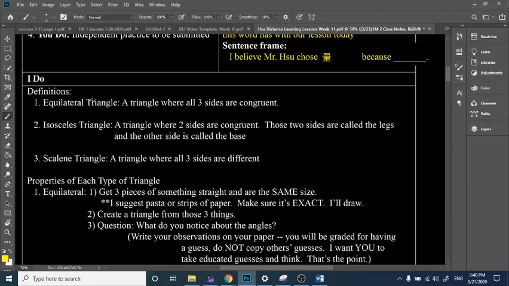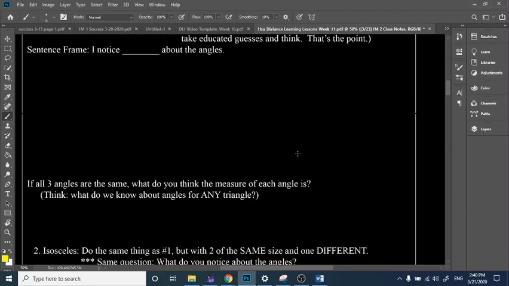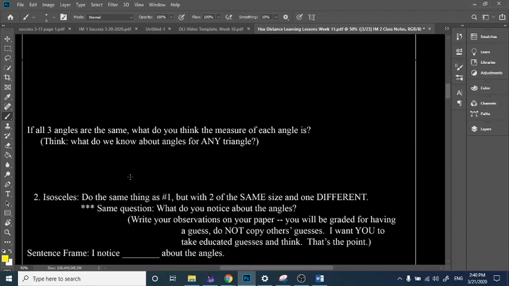So you're gonna need a few things for this activity. So first, just write down the definitions, and you're gonna need actually three pieces of something straight. I suggest something like pasta, maybe. You're also going to need another 3 here.